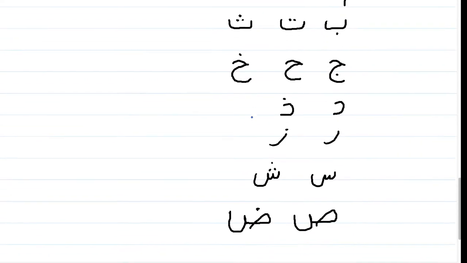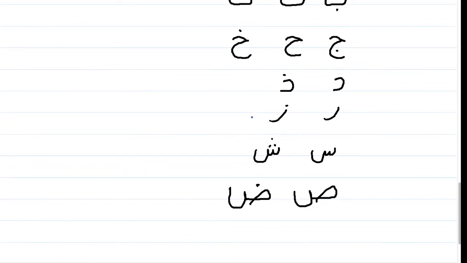Dal. Today, in this lesson, we're going to emphasize how to write these letters. So I'm not going to deal with the rest of the letters, which are Ta, Dha, Ain, Ghain, Fa, Qaf, Kaf, all the way to the end. I'll just focus on these letters to make it simple.